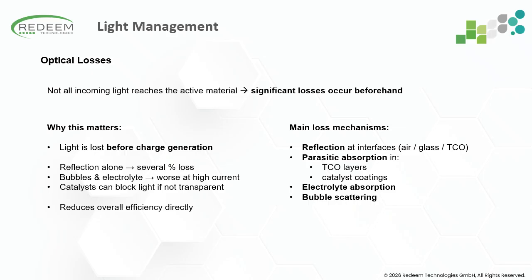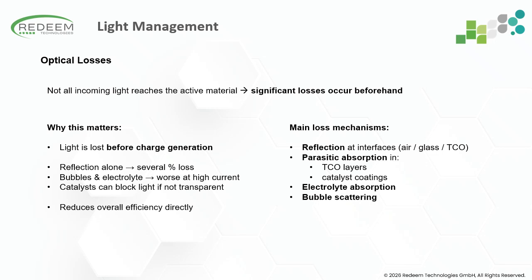Even reflection at interfaces can cost several percent of the incoming light. And as current density increases, gas bubbles and the electrolyte introduce additional optical losses, while thick and opaque catalyst layers on top of the semiconductor can further reduce the amount of light reaching the absorber.